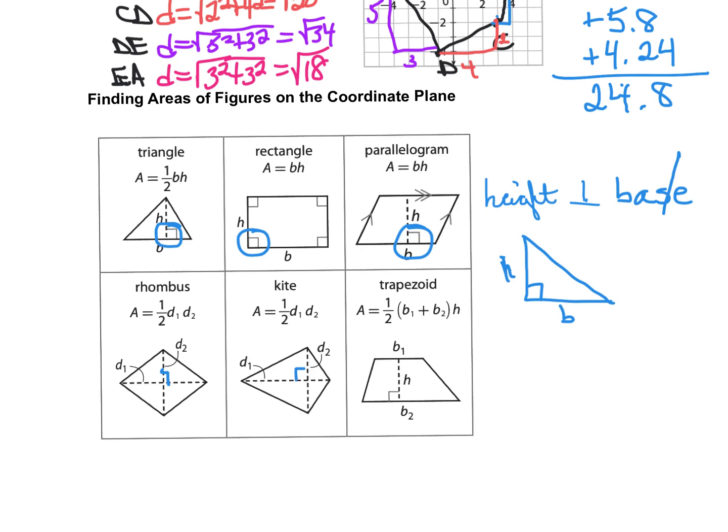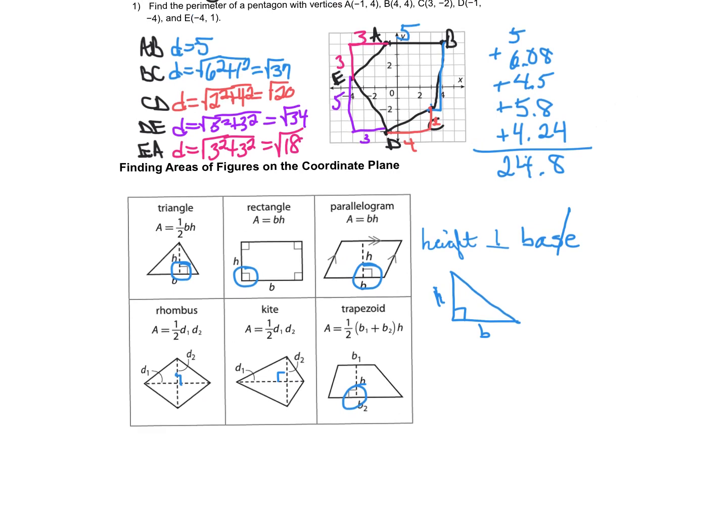Diagonals are perpendicular. 1/2 diagonal times diagonal. So those two are the same area formula. And then trapezoid is 1/2 of base plus base times height. So you're doing the average of the bases times height. And again, it's perpendicular.